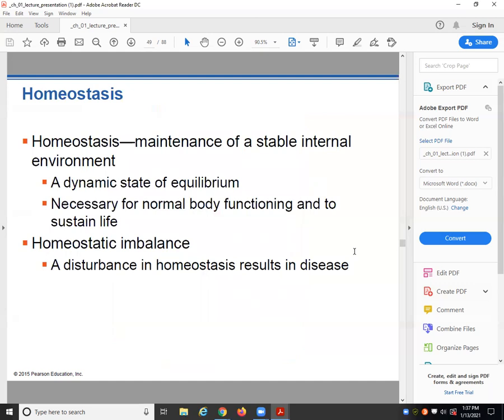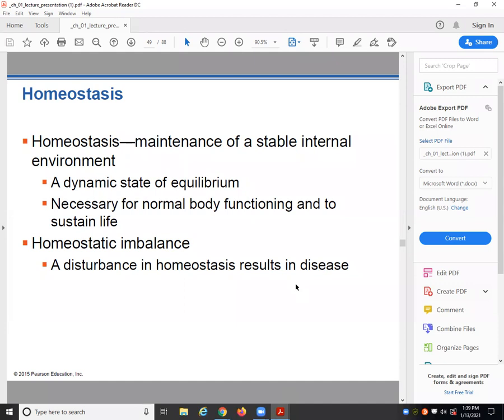Okay, homeostasis. All right, so homeostasis just means maintaining your stable internal environment. So two things I would write down, just that first sentence, and then what homeostatic imbalance is. Homeostasis is your equilibrium. It's dynamic, which means you're in a constant state of motion in your body.